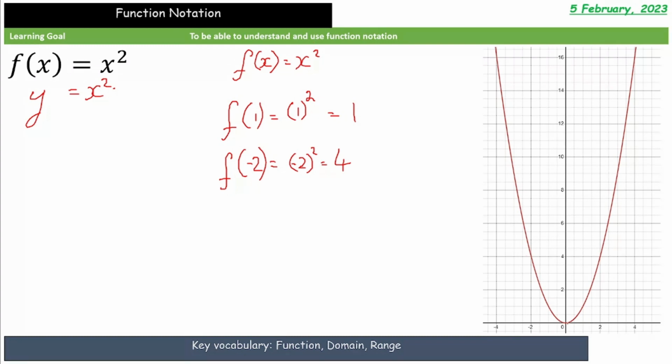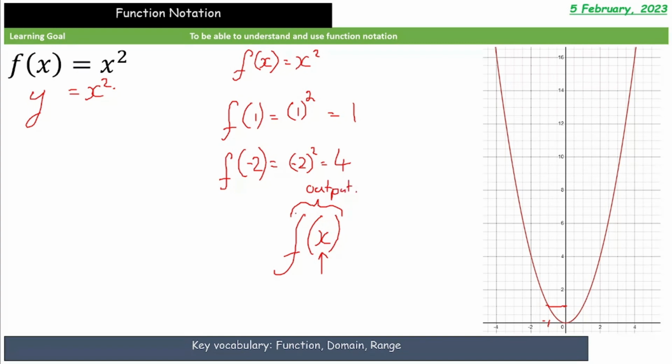And you can see here that negative 1 gives 1, negative 2 gives 4, and so on and so forth. And that is honestly it for functions. It is nice and simple, but just remember, if you're told this is your function of x, this is your input, and the whole thing is your output.